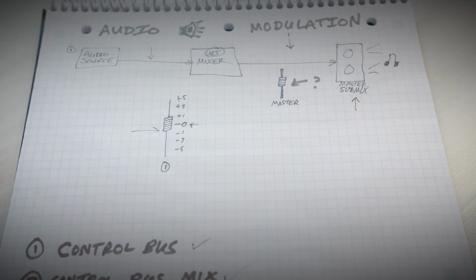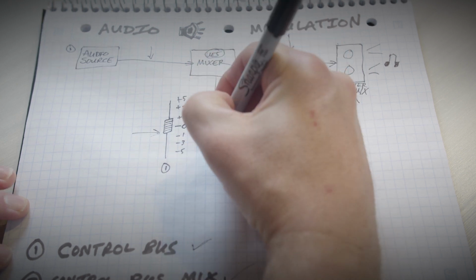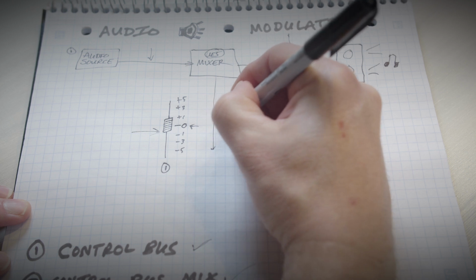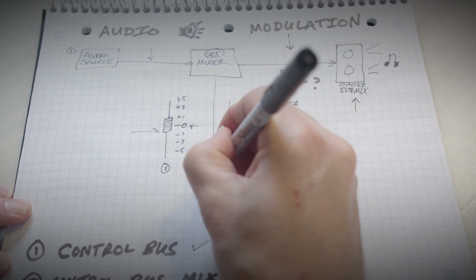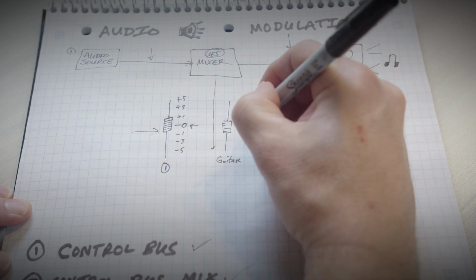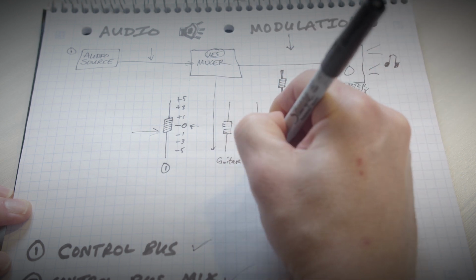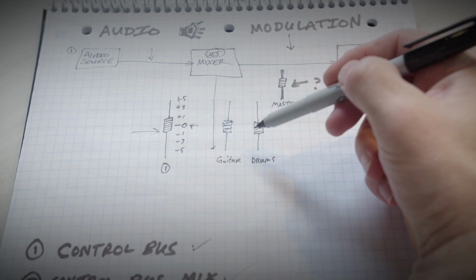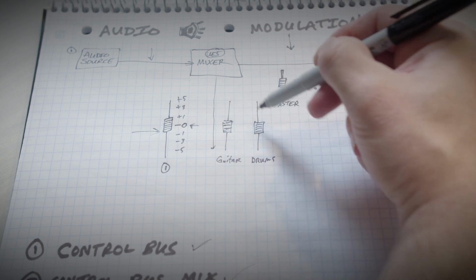Okay, now that we've got that working, let's expand a little bit, because in a traditional mixing board, you have essentially one channel per instrument, typically, right? So you'd have guitar, and over here you'd have drums. On a mixing board, you would use these faders, or in our analogy, control buses, to set these levels.